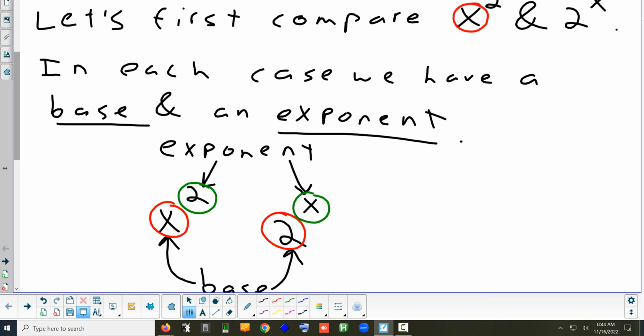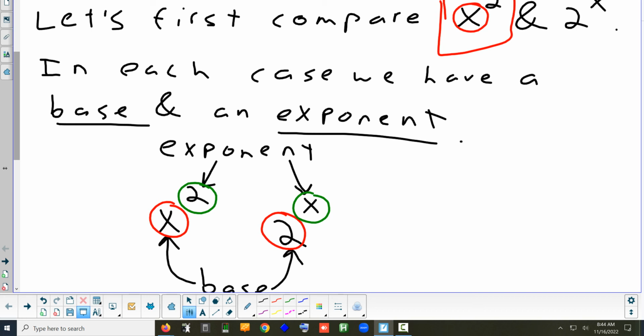The difference between them is, in one of them, the base is a constant. That's this one on the right. It's a 2. And on the other one, the base is a variable. The one on the left is a polynomial. If you think about y equals x squared, if you were to graph it, it would look like a parabola.